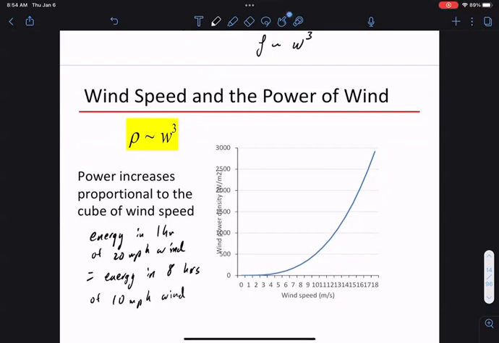So higher speed means a lot more power and a lot more energy.